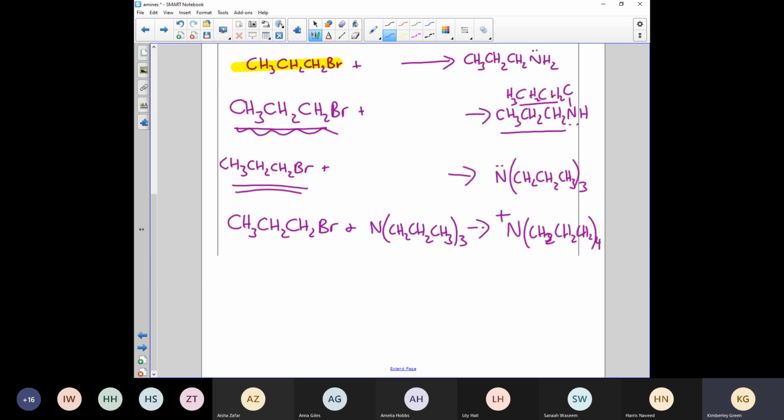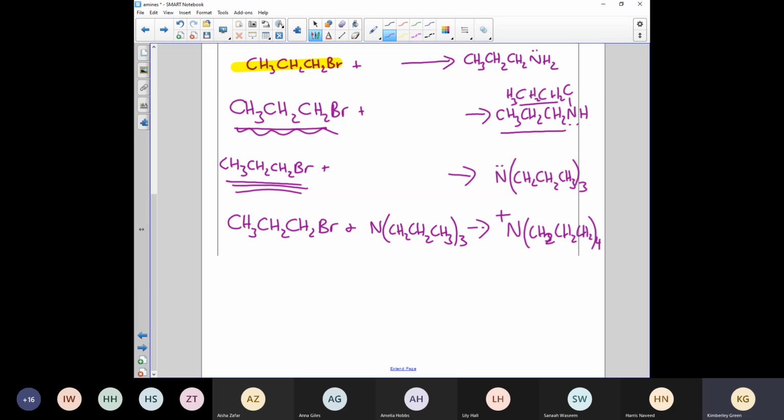So that's what happens if we have excess of the halogenoalkane. There'll be lots of the halogenoalkane, and we would just keep substituting all those hydrogens on our nitrogen group for this alkyl chain, okay, eventually.